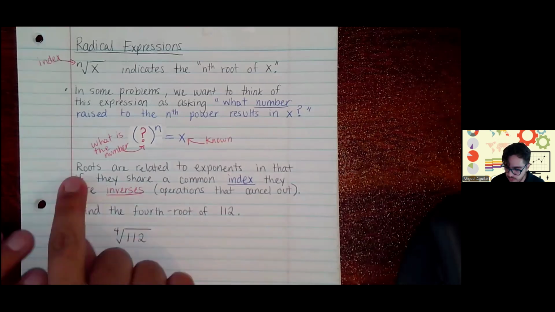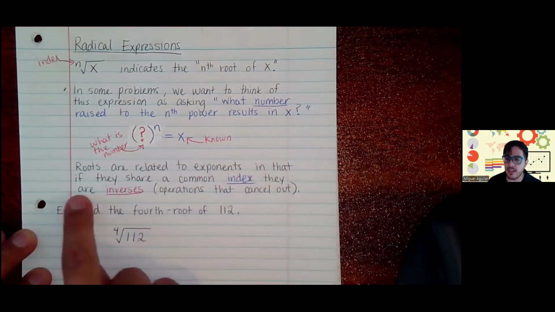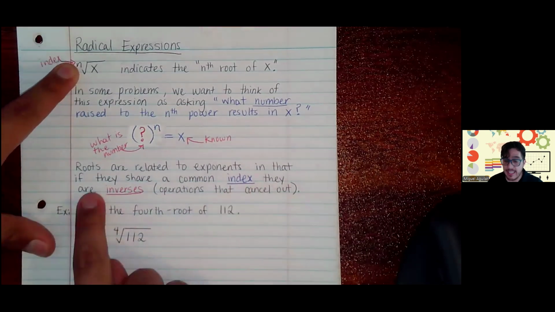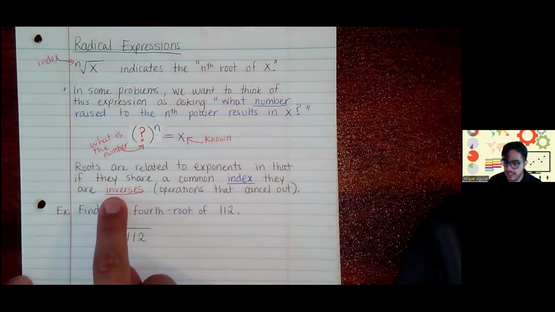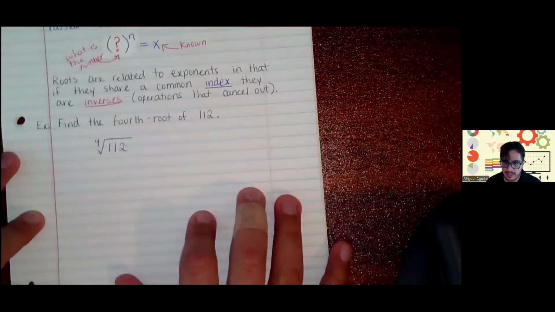That's because roots are related to exponents in that if they share the common index, whatever that number n is, they are inverses of each other, and so those operations will cancel out. We use this idea to simplify radical expressions, but also to solve some quadratic equations using the square root property.